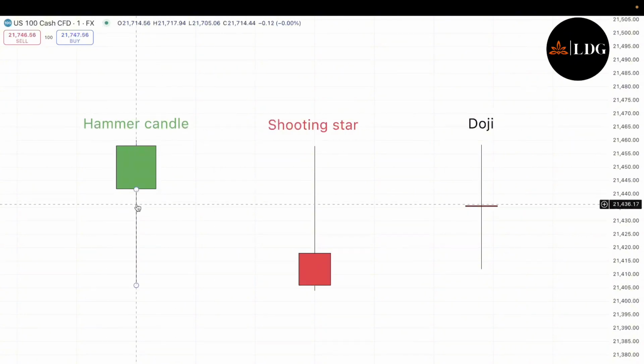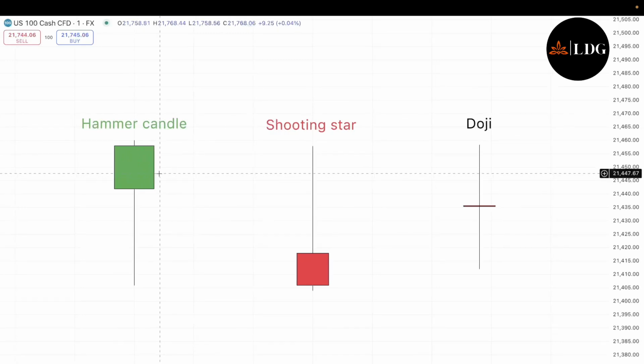This is a small body with a long lower wick, and it will typically appear within a downtrend and signal a potential reversal, because the sellers pushed the price downwards, but the buyers have now stepped into the market and pushed it back up, giving you this candle, which is then going to instigate a potential reversal.